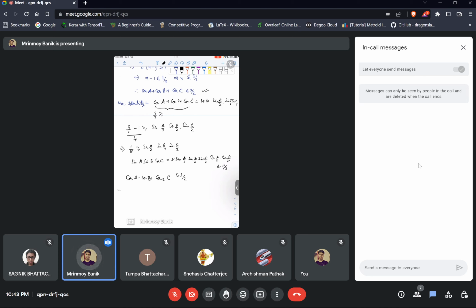less than or equals to 3 by 2, which implies 1 minus 2 sine squared A by 2 sine squared B by 2 sine squared C by 2 less than or equals to 3 by 2, which implies 3 minus 3 by 2... I guess cos should be better.